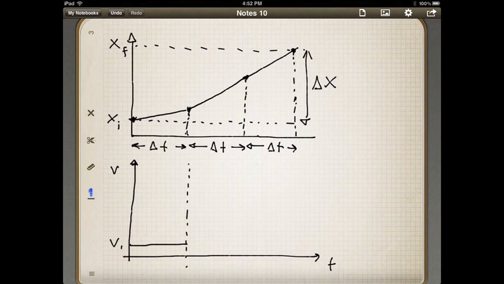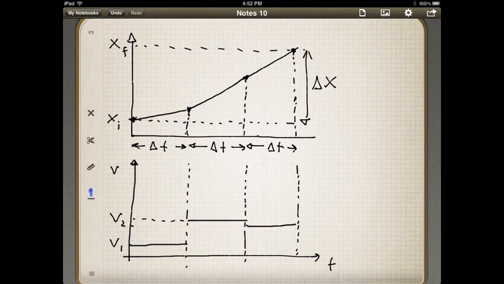Let's call that v1. Then for the next segment the velocity has a different value, seems to be higher, the slope is bigger. Let's call that value v2. Then for the next segment the velocity is also constant, and say that it has a value v3.